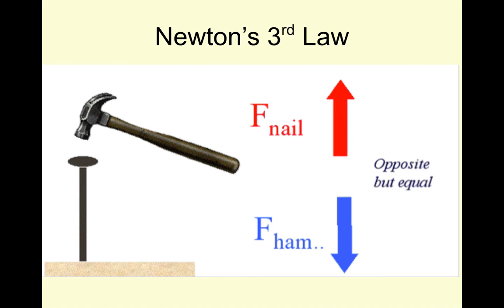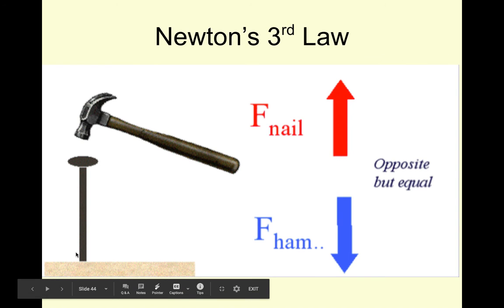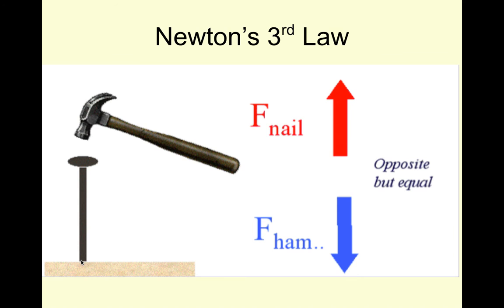Well, if you've ever looked at the bottom of a nail, it has a really sharp point. Since it has a really sharp point, what we've basically done is reduce the mass at the point of contact. And since we reduced the mass, that means the inertia has gone way down. And since that inertia has gone way down, then we can puncture or put that nail through that wall.